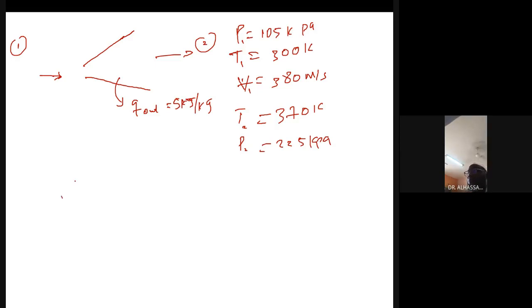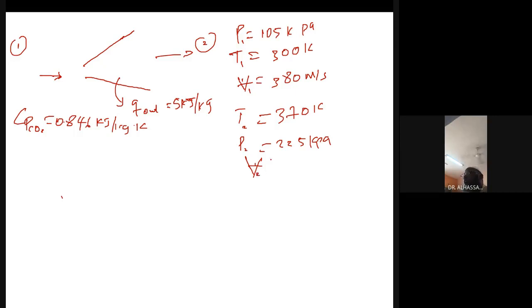The Cp for carbon dioxide is 0.846 kilojoules per kilogram per Kelvin. Now we want to determine the velocity at the exit. So that is V2. V2 is not known.